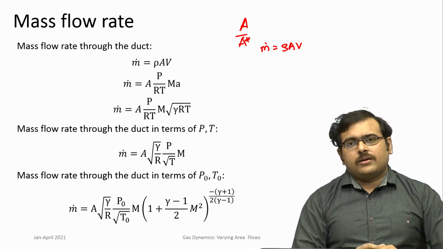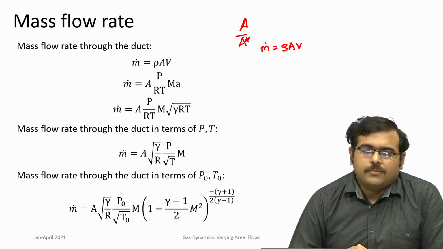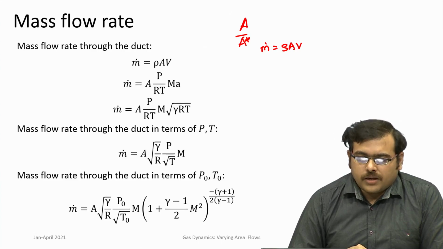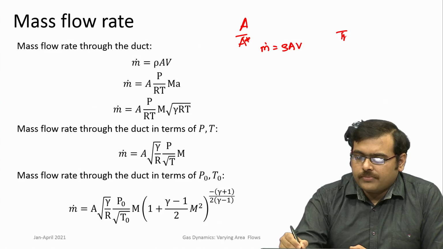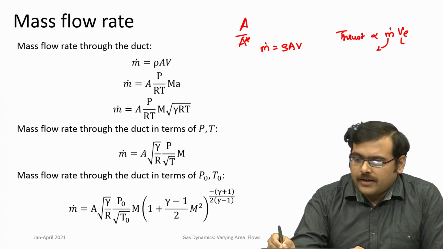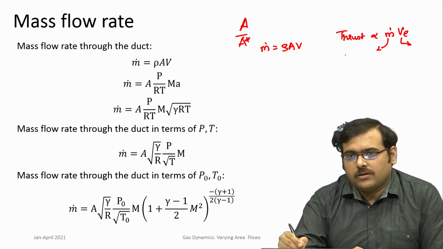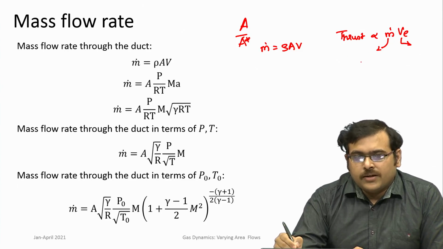Now, depending on various applications, you may need to find the mass flow rate, because for example in propulsion based applications, thrust produced is dependent on m dot times v_e, that is mass flow rate multiplied by the exhaust velocity. So, mass flow rate is an important term there.